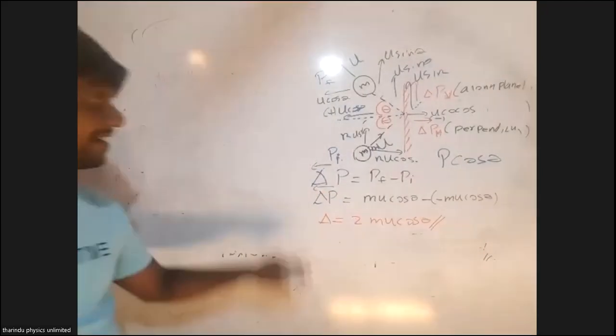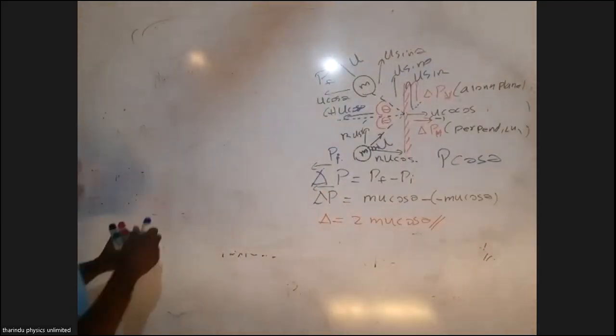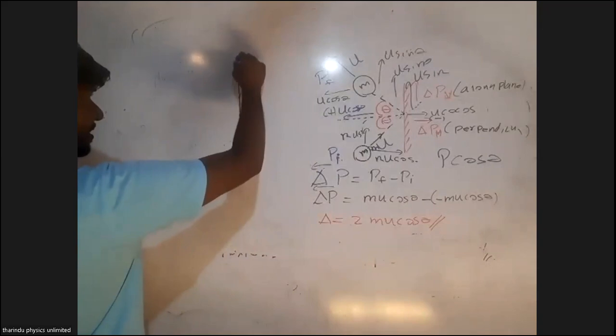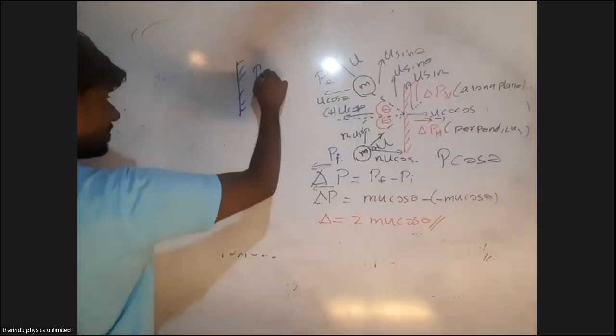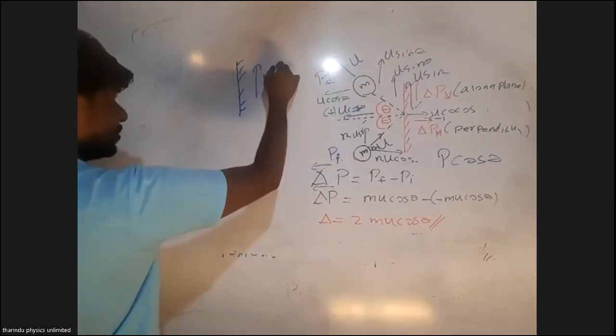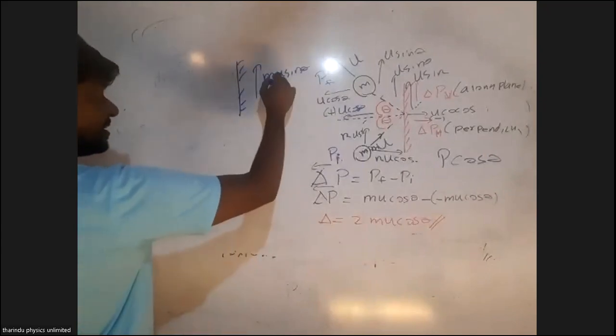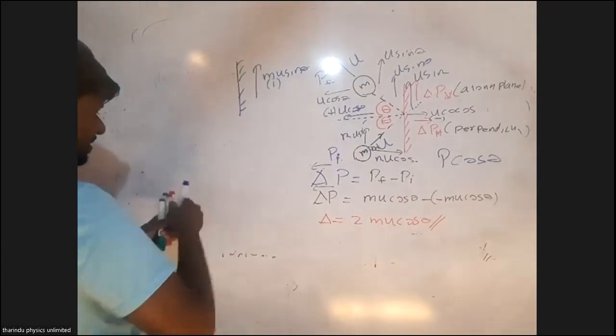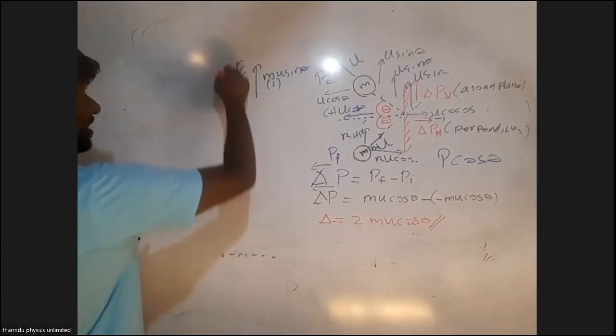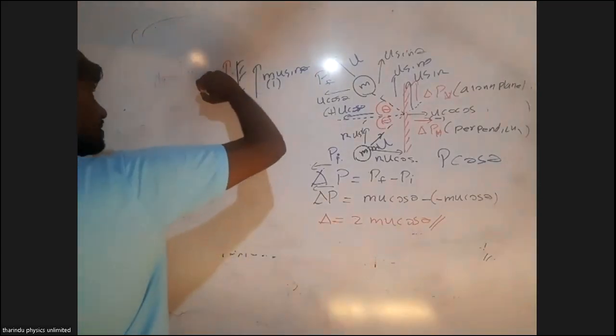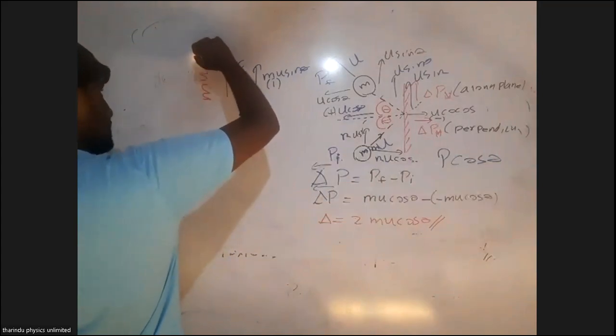Understood. Okay. Now I'm going to explain along the plane. Along the plane here, initially mu sin theta. This is the initial thing. In the final way, again mu sin theta.